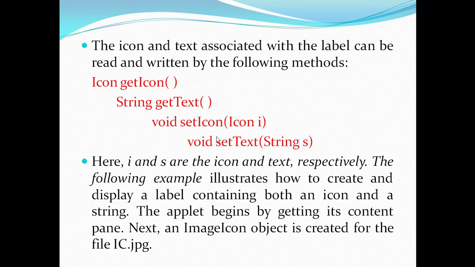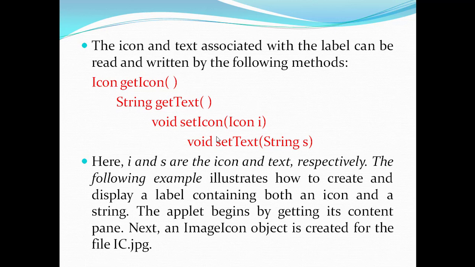Some of the extra methods: Icon getIcon() returns the icon of the label; String getText() returns the text of the JLabel; void setIcon(Icon i) sets the icon for the JLabel; void setText(String s) sets the text for the JLabel. Here i and s are the icon and text respectively.